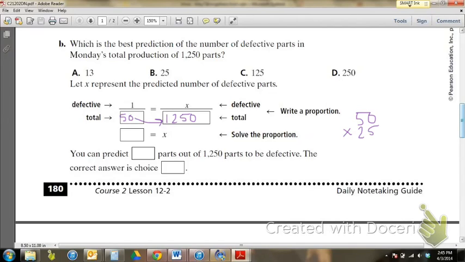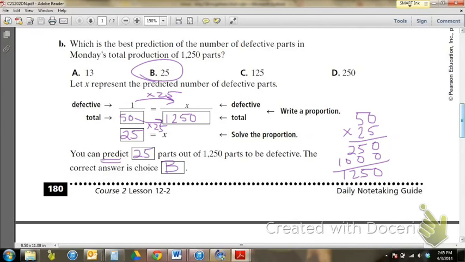Let's try 25. Oh, look at that, I get 1250. So if I do times 25 here, then I have to do times 25 on the top. So x equals 25. So you can predict that 25 parts out of 1,250 will be defective. So the correct answer is choice B.